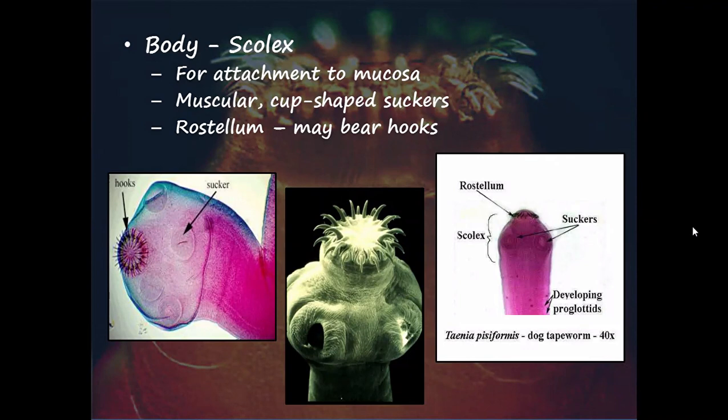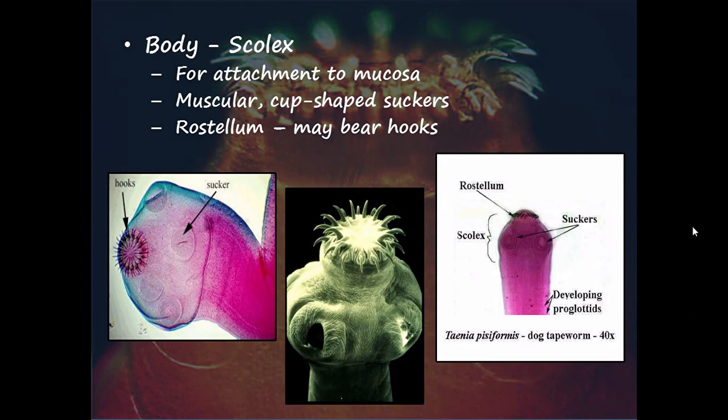At the tip of the scolex, you have what is termed the rostellum. The rostellum may contain hooks or may appear naked without hooks. And the type and number of hooks is also characteristic for each of these organisms. I will just point out these differences so you can easily memorize these features.